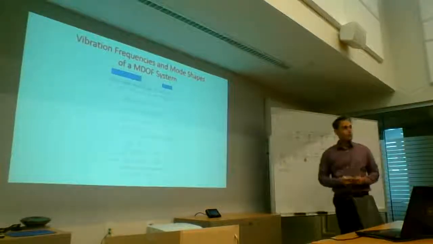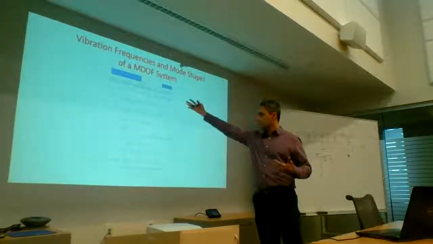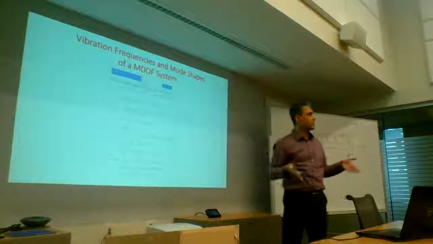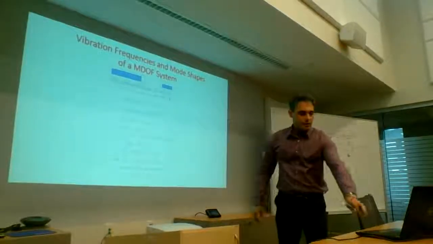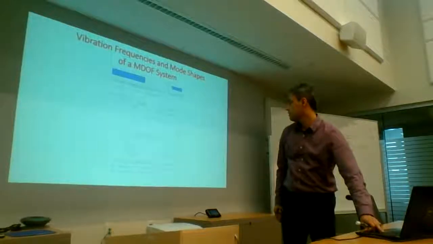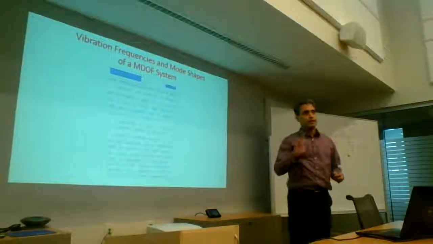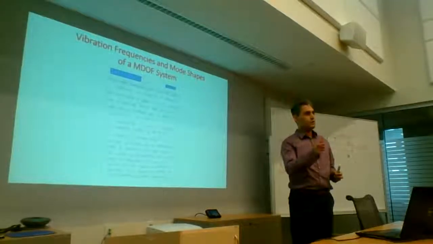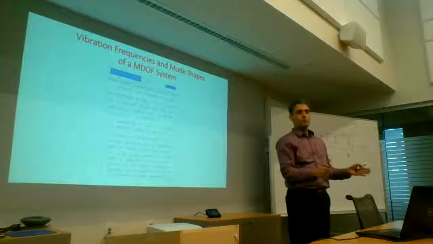The same thing. When you extend it to multiple modes, it just turns into a matrix whose determinant is equal to 0. Once you solve that, you're able to come up with the n natural frequencies, and with the n natural frequencies known, you can come up with your mode shapes.